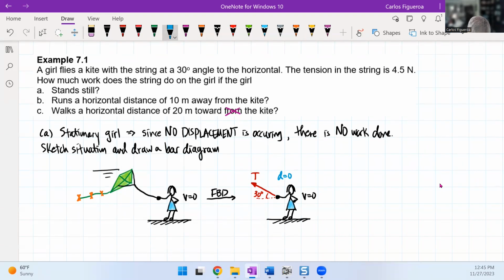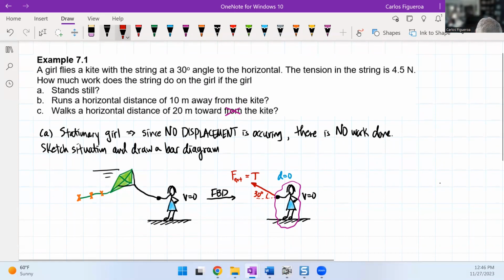Now, when I'm looking at this, I want to focus on this girl here. Yes, there is an external force, right? We say there is this tension force that's external, but because the displacement is zero, there's no work being done.